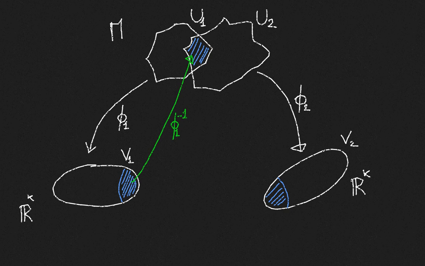So from this open set in Rk, you go up here, and this is phi1 technically restricted to this open set. And then you go down here. I mean, this is phi2, even if technically it is phi2 restricted to just the intersection.